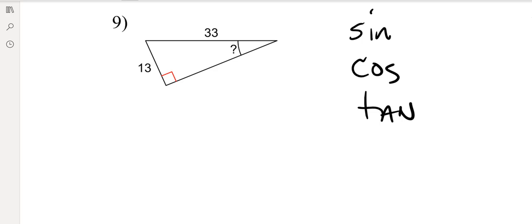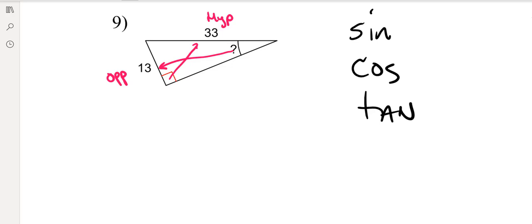So based on where this angle is, this over here, 13, that side is opposite. And then the side where the 33 is, that side is across from the right angle, so that will be the hypotenuse. And of these three trig functions, the one that has to do with opposite and hypotenuse is sine.